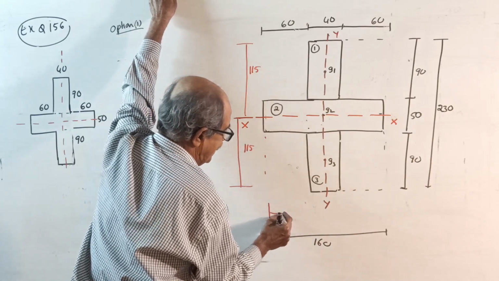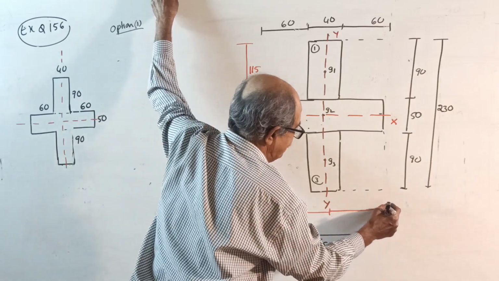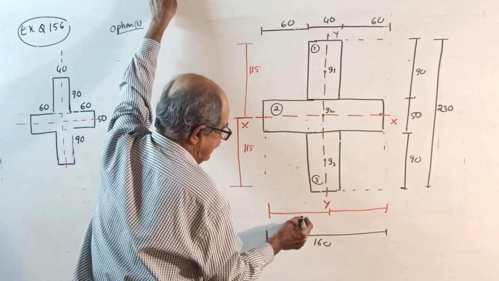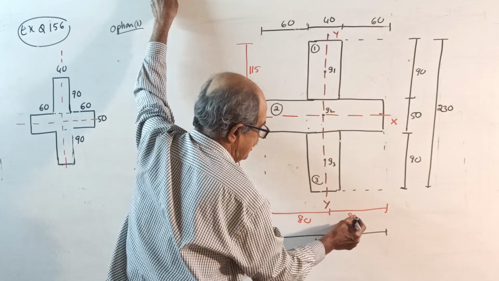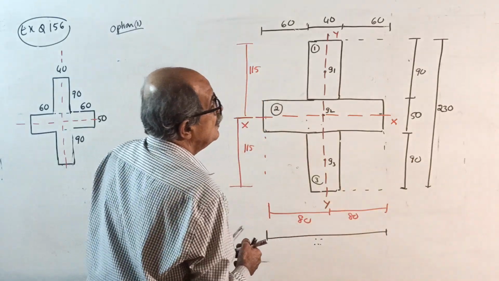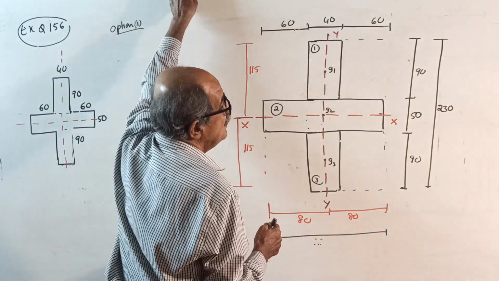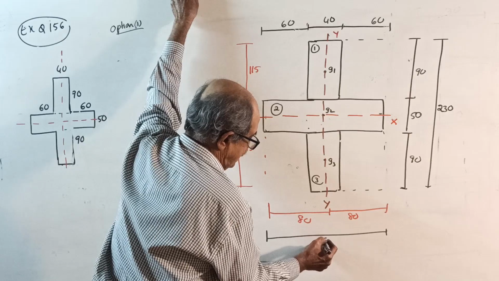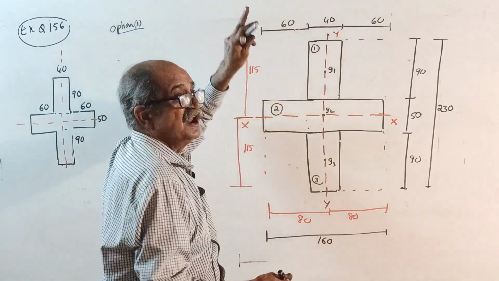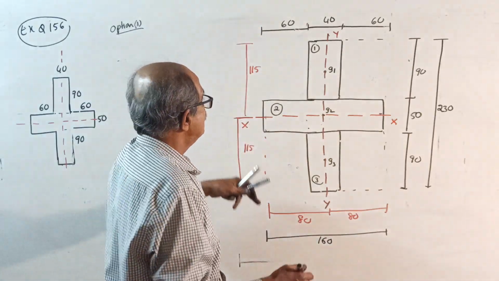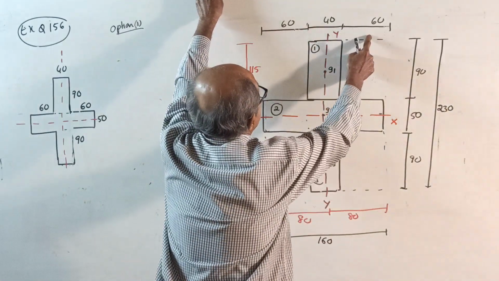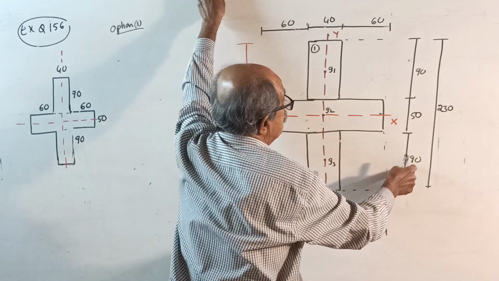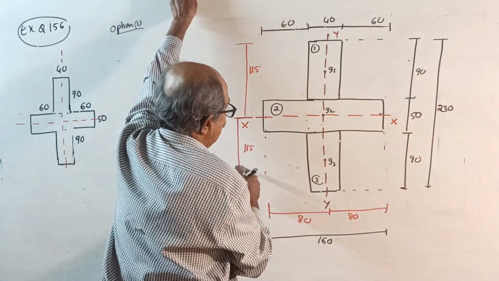I don't want one more mistake. I got fed up of mistakes here. 160 means 80. 160 is correct. 60 and 40, correct. If in the original question something else is written, change it. 115, okay, start.